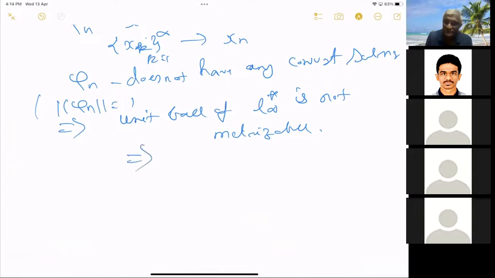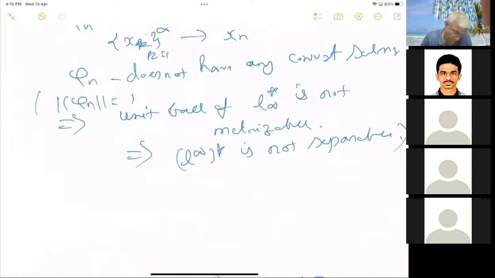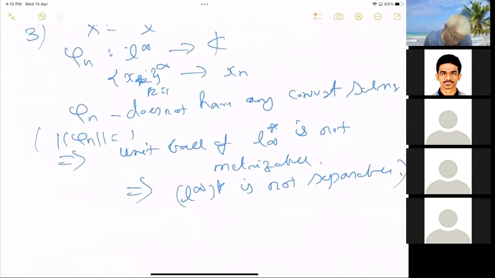I mean, if it were separable, it should be metrizable. Okay, so all these things follow very immediately.